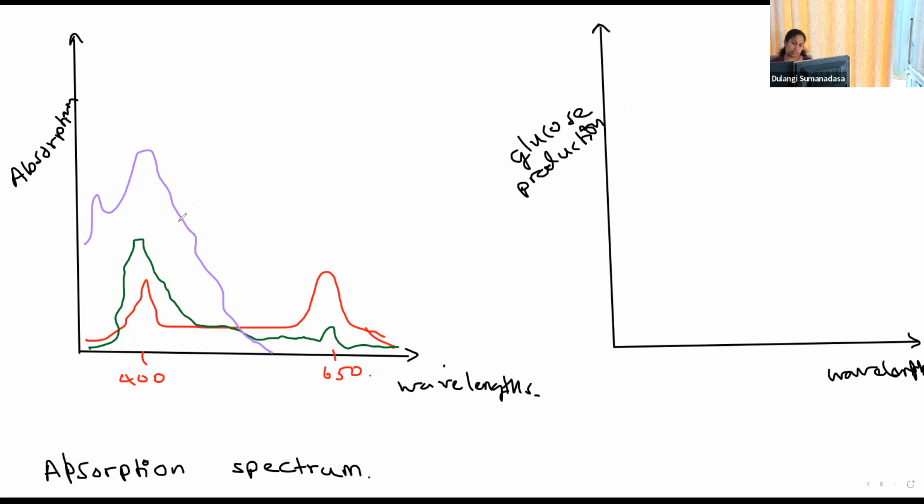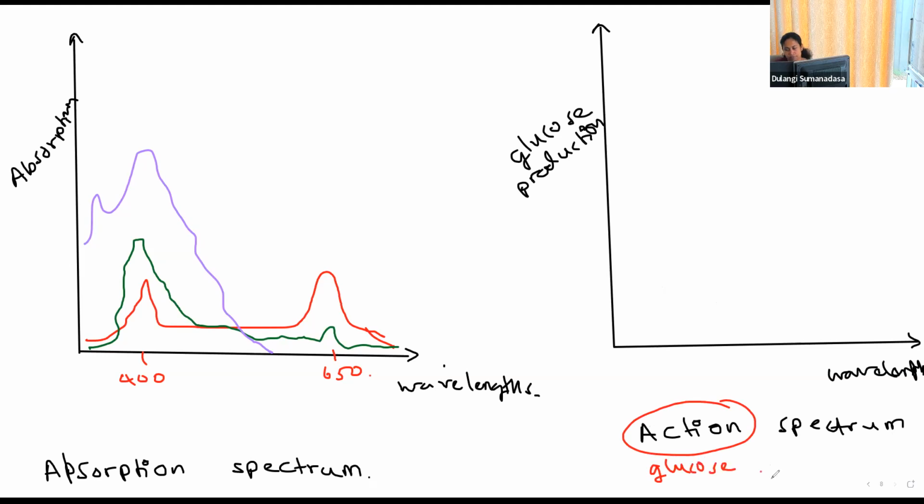If the pigments absorb at different wavelengths, how is it going to contribute to the total glucose production? We're going to name this graph the action spectrum. Write down: action means the glucose. Photosynthesis is the glucose production.